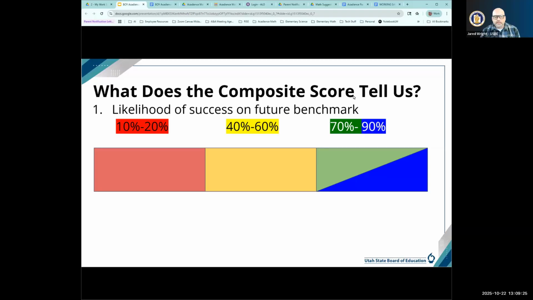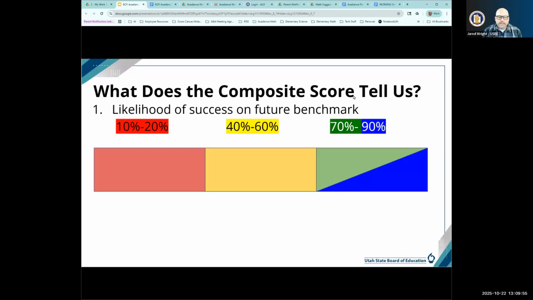You can see the different colors represent the different levels associated with Acadience levels. 90% of students are going to meet that benchmark if they're scoring above benchmark level. 70% up to 90 would be at benchmark, then 40 to 60, and then 10 to 20, depending on if they're below or well below in that composite score.